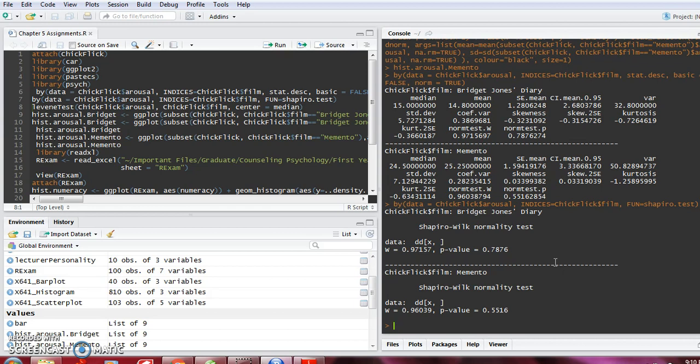In this case, we don't want a significant result, well, p-value, what have you, because if we do get a significant value, this means that the variances are different from one another, and the assumption of homogeneity of variance is violated. So we're going to run it. Let's see what happens.